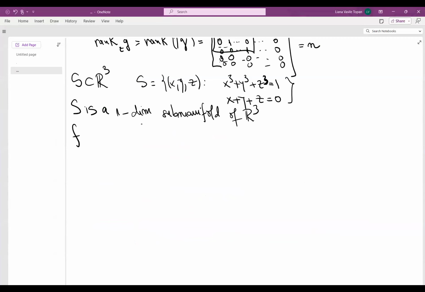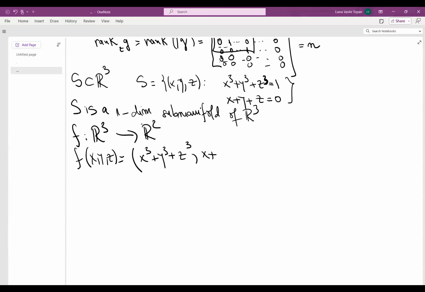So we are going to define a function on R cube with values in R squared this time. I'm going to define it like this: f of x, y, z equals, so I'm taking the first component to be x cube plus y cube plus z cube, and the second component to be x plus y plus z. And now it's pretty clear that our S, the set we are talking about, is f inverse of (1, 0).